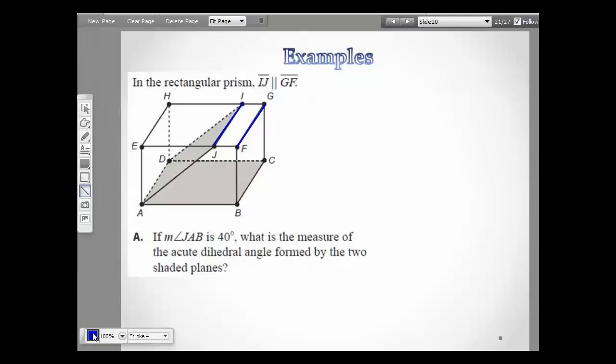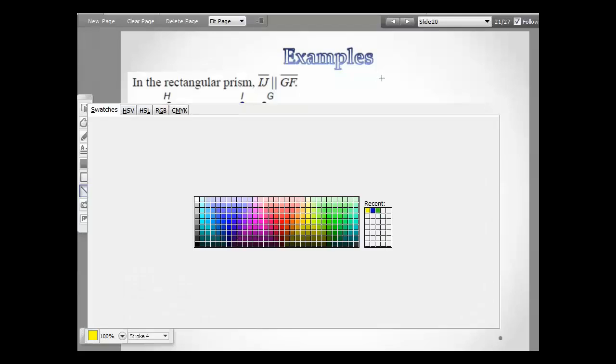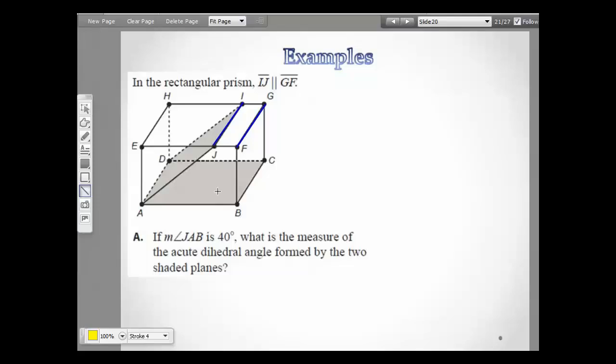I'm going to change my color here. So it says angle JAB. J to A, and I know A's in the middle, so it's the vertex. And they told me that that's 40 degrees. So I'm going to come right here and type in 40. I don't have a degree symbol, so we're just going to have to deal with 40.